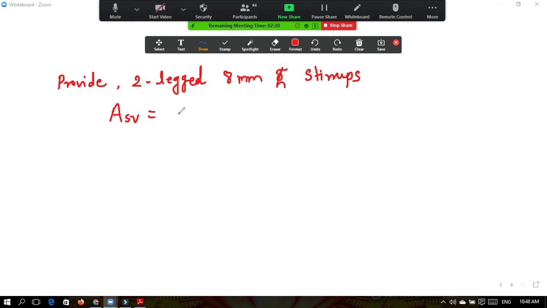Asv is equal to 2 into pi by 4 into 8 square. So what is the answer?